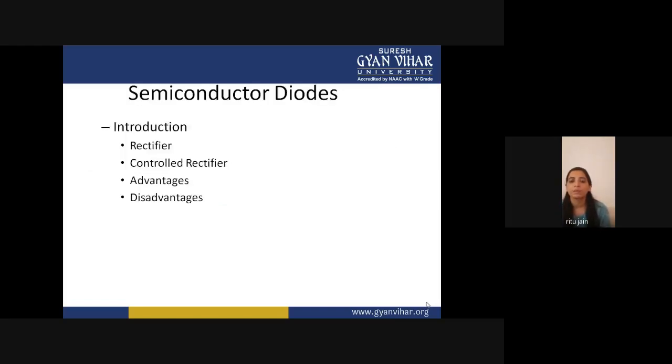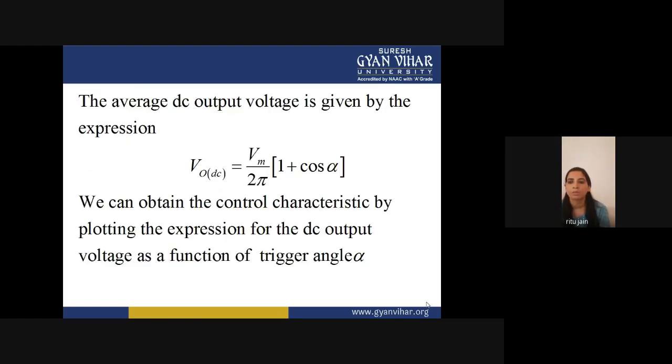These are the contents of this lecture: semiconductor devices, rectifier, control rectifier, advantages and disadvantages. We have already derived that the average DC output voltage is given by V output equal to Vm upon 2 pi into (1 plus cos alpha).